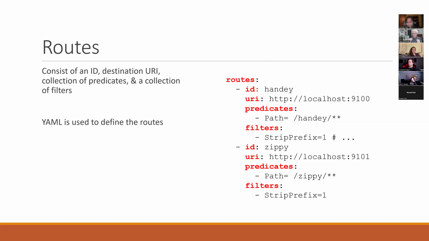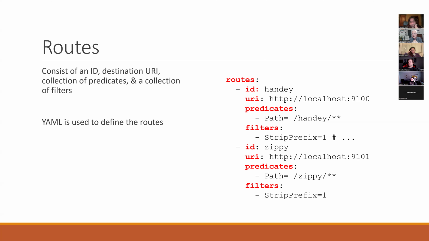And I can see that I have 2 objects in here, Handy and Zippy. The dash there says this is going to be an array. So if I were to suck this YAML file in as an object, routes is going to be an object that has an array with 2 routes inside it.